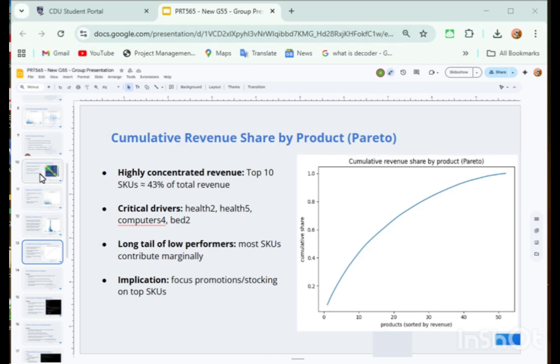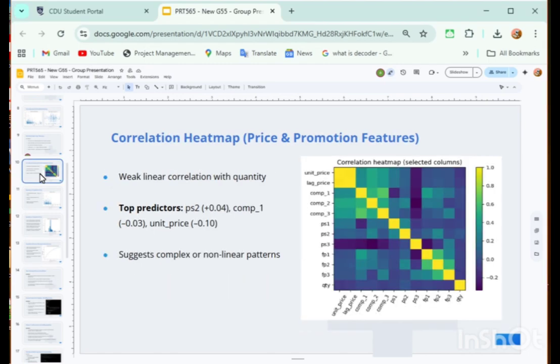So first of all, the correlation heat map, basically for price and promotion features. Moving into the analysis of our features, we first looked for simple linear relationships with our target, quantity sold. The correlation heat map revealed a key insight: all of our pricing and promotional features, including the unit price, competitor prices like competitor 1, and promotional flags like PS1, showed very weak linear correlations with quantity.